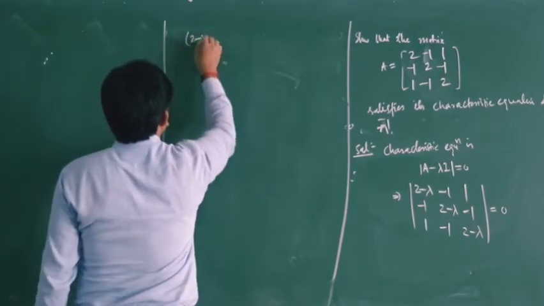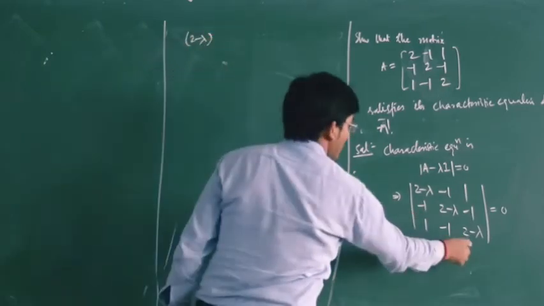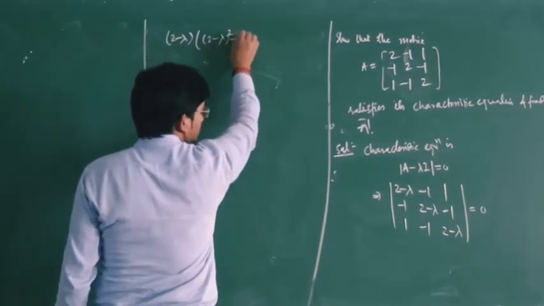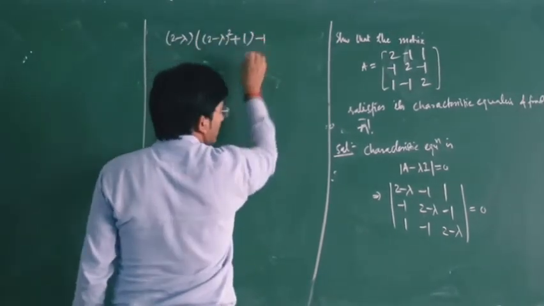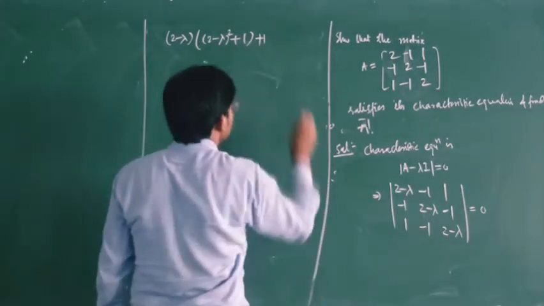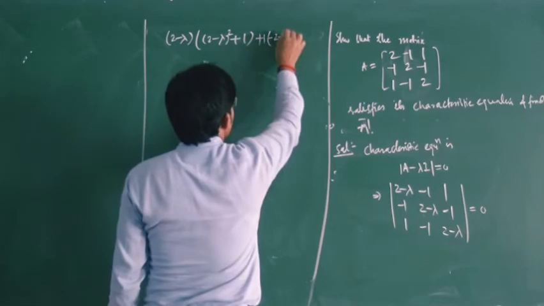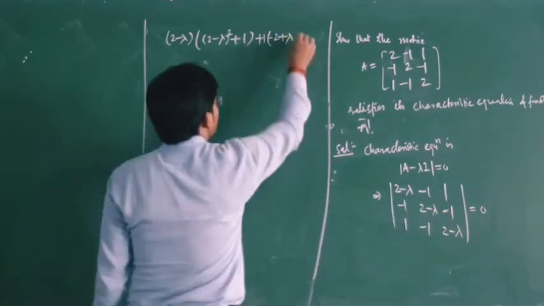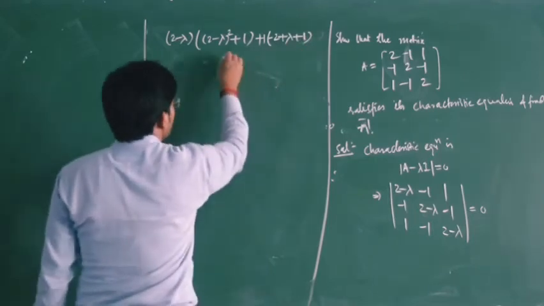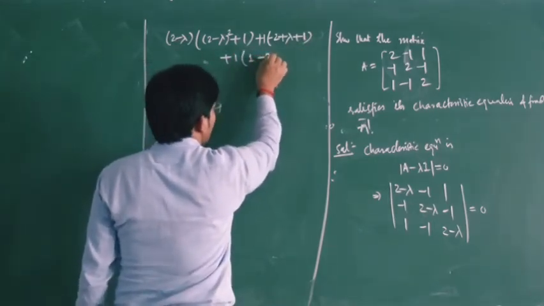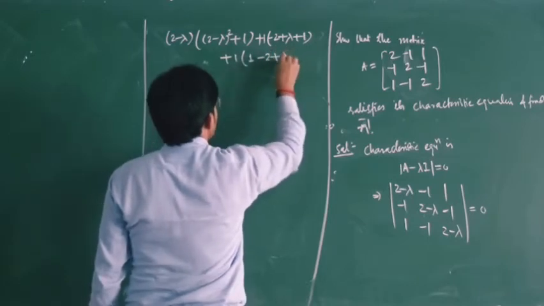Now this is equal to 2 minus lambda times, this is your 2 minus lambda whole square plus 1, then we have minus 1 times, minus plus, so this is your minus 2 plus lambda, then we have minus minus plus 1, then again we have 1, so this is your plus 1, then we have minus 2 plus lambda, and this is equal to 0.